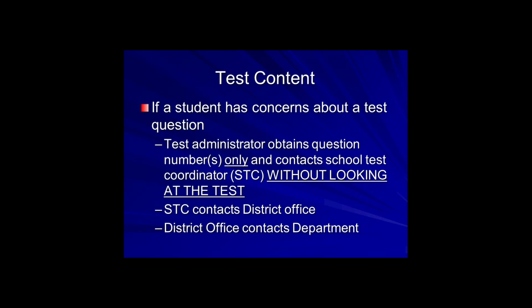We'll check to make sure if we do find a typo. I've seen one in 10 years of doing this. We'll change that item. Everybody will get credit for it. So it is possible that there's a typo in the printed document, but it's unlikely. And if it happens, we'll fix it. But the important part of this process is that you should be able to do this without looking at the assessment itself.